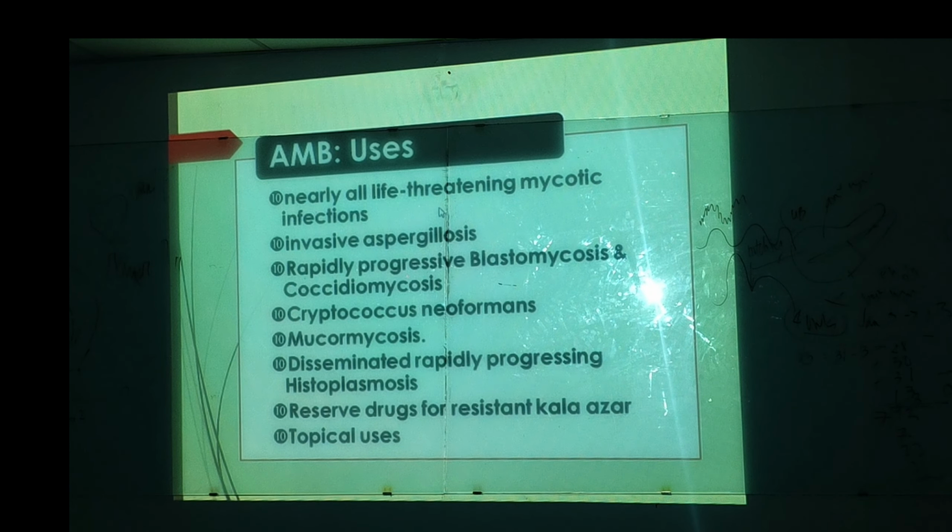It is used for invasive aspergillosis, rapidly progressive blastomycosis and coccidioidomycosis, Cryptococcus neoformans, mucormycosis, disseminated rapidly progressing histoplasmosis, and it is reserved for resistant leishmaniasis. And it can also be used topically.